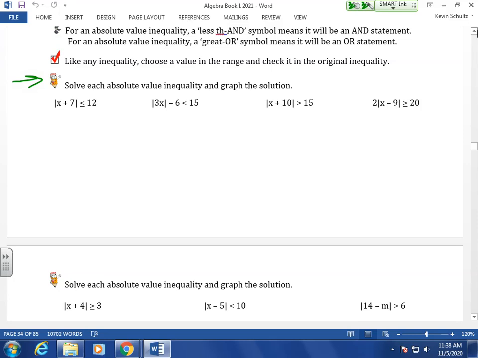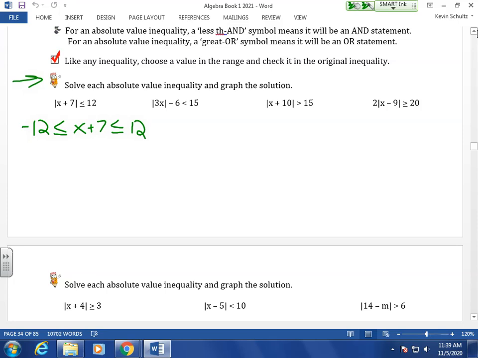Okay? So what this means is that x plus 7 has to be within 12 of 0, or less than 12 from 0. So the two numbers that x plus 7 can be between are -12 and +12.